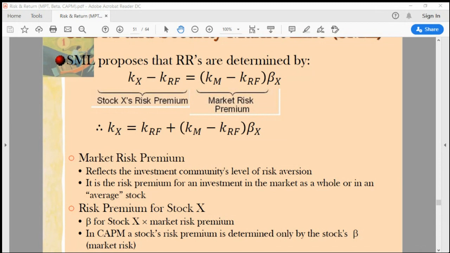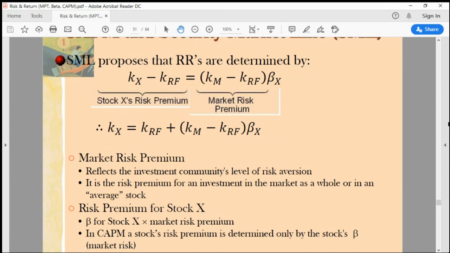And then if Apple's return is 15%, that's not all thanks to Apple, right? 5% is something you earn anyway without taking any risk.